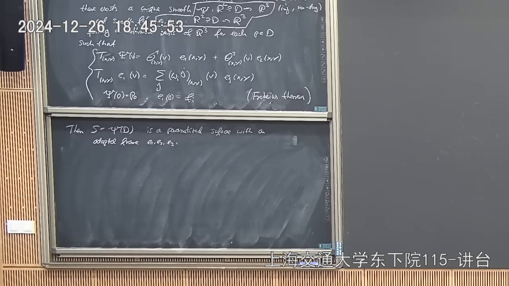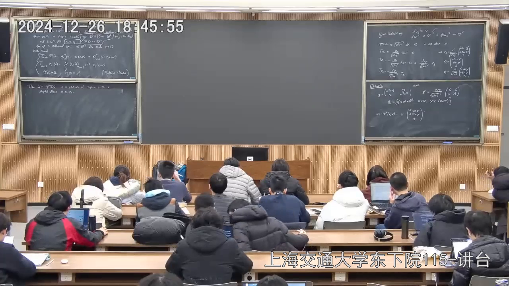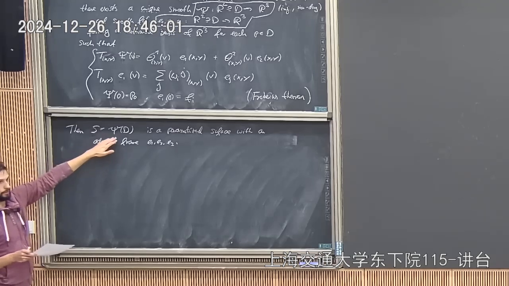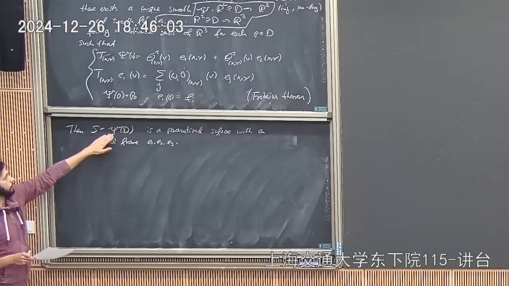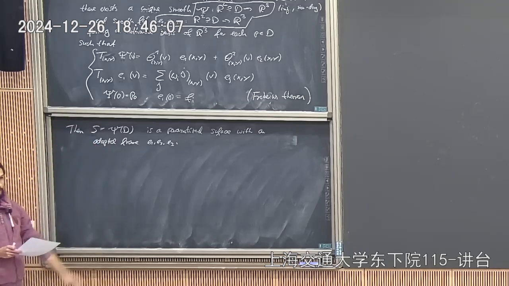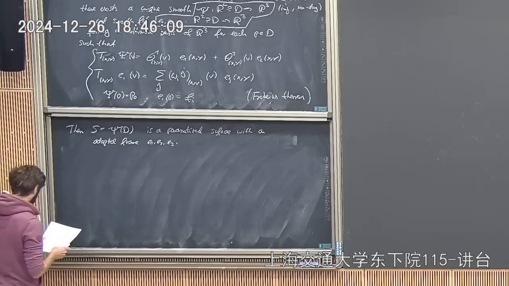So now we take the first fundamental form and the second fundamental form, and we have to show that if you really pull back these data with psi, you get G and L back.